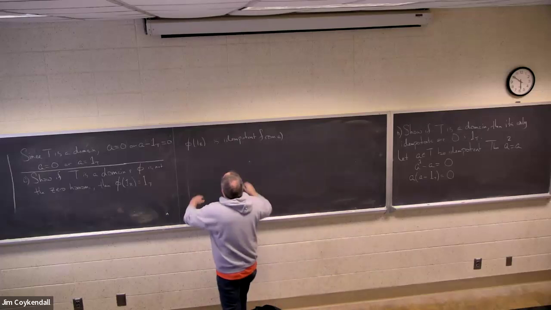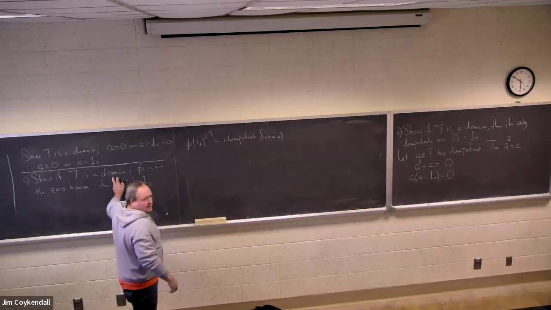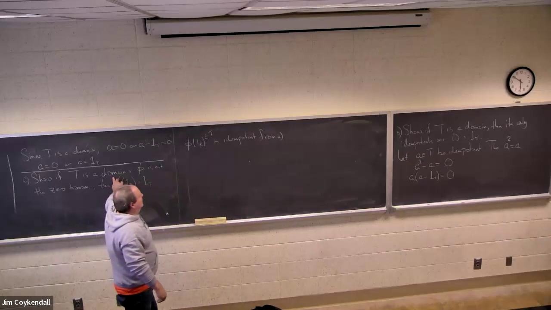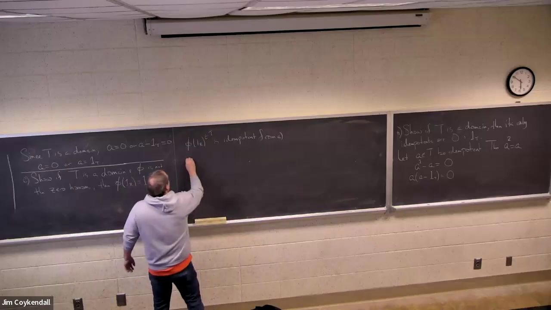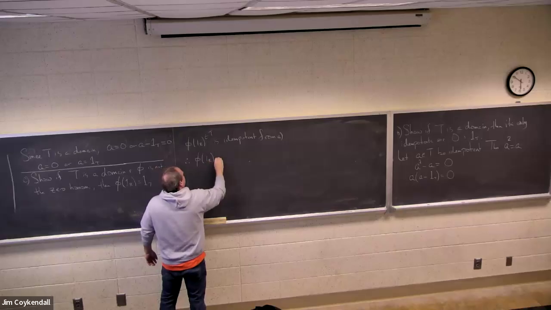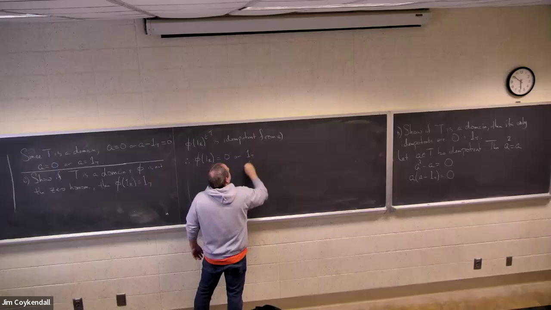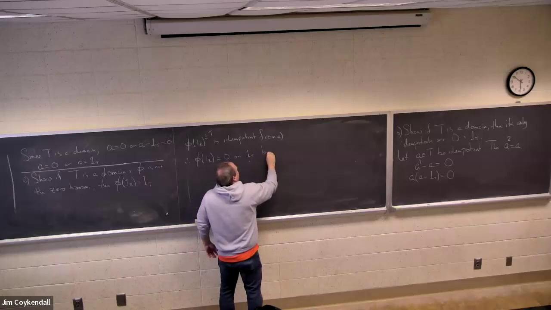But this is, of course, an element of T. And what are we assuming about T? It's a domain. Therefore, phi of 1_R is equal to 0 or the identity of T by part B.